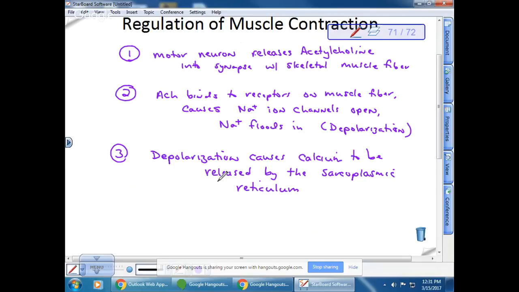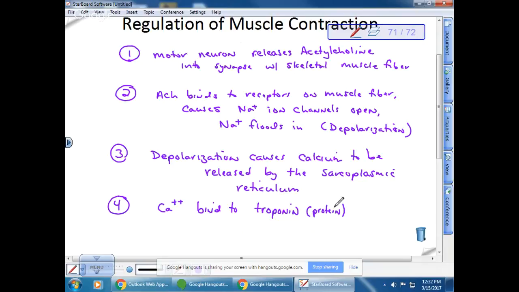And so the significance of this is that calcium ions, which have two positive charges, bind to troponin. Okay, this is another protein. This is a regulatory protein.